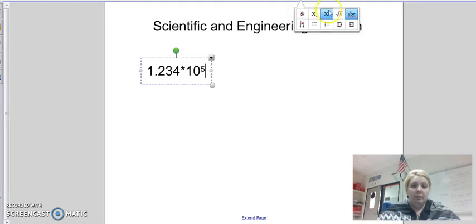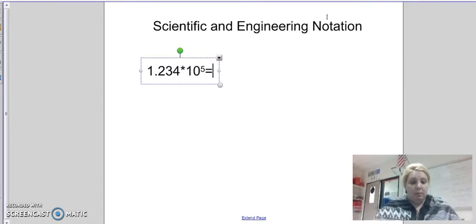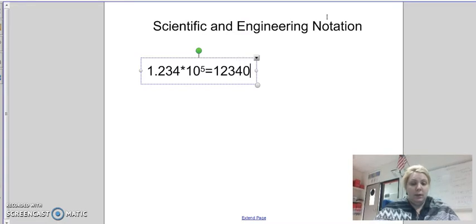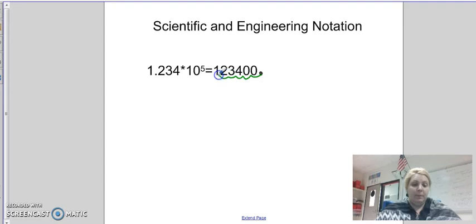Now that number, if we turn this into a big number, is going to be 1, 2, 3, 4, 0, 0. So what I'm doing in scientific notation is I grab my decimal point and I move it until I have only one non-zero digit in front of my decimal point. Then I count the spaces I went and I'm done. So very, very straightforward.